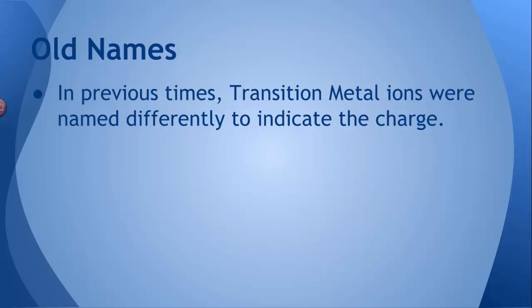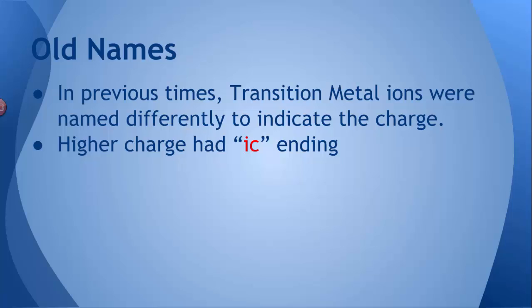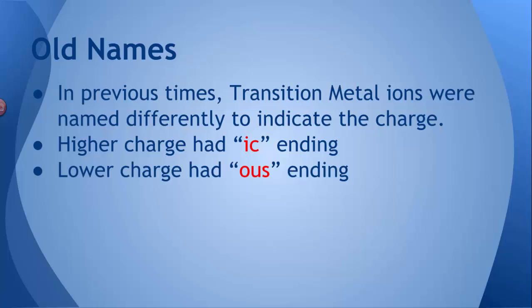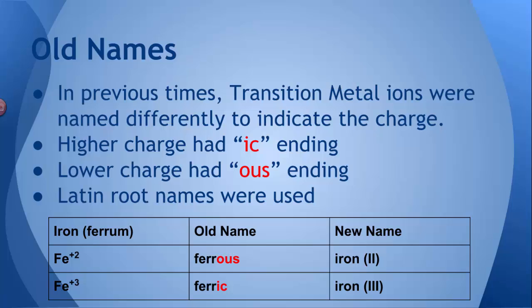In previous times, instead of using the Roman numeral, they did change the name of the transition metal ions. The one with the higher charge had an -ic ending, and the one with the lower charge had an -ous ending. They would also use the Latin root name of the metal instead of the modern name. For example, iron's old name was ferrum.